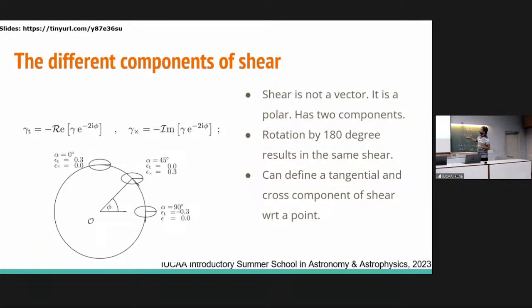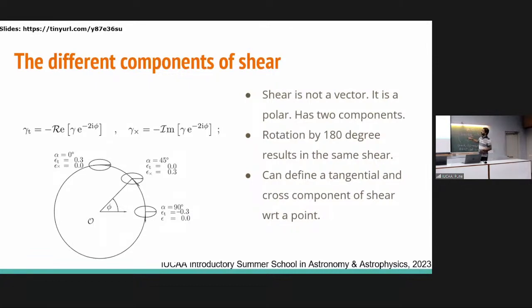Then, if this frame is oriented with this tangential angle phi, it turns out that you can take your gamma 1 plus i gamma 2, this complex number that you have, multiply it by e to the minus 2i phi, and take minus the real component of this, then you get the gamma in the tangential direction. So you can show this. It's a simple change of basis.